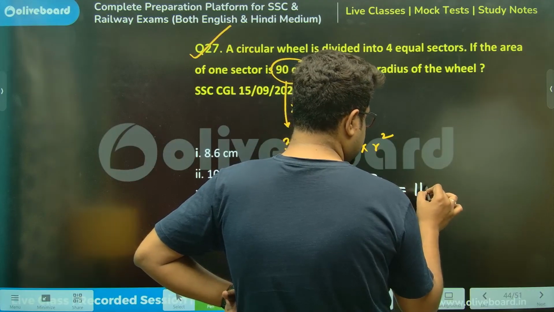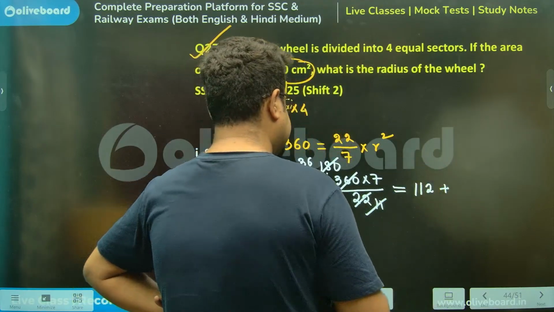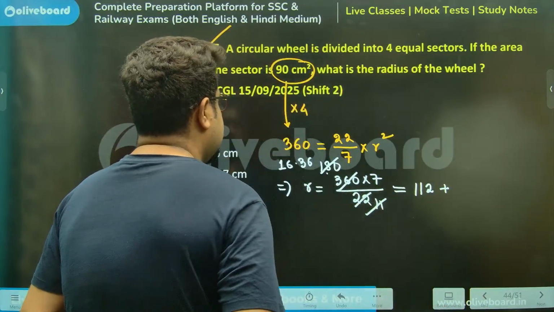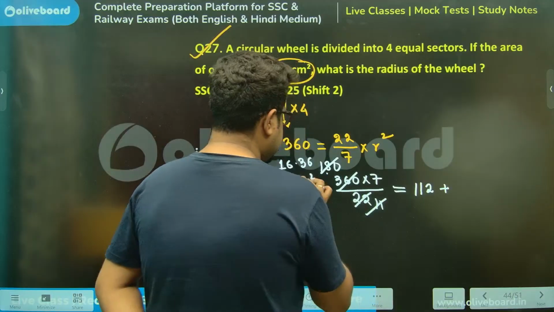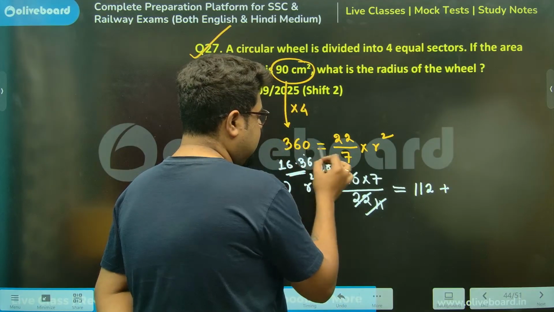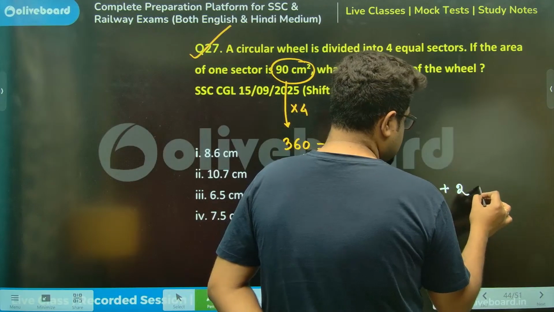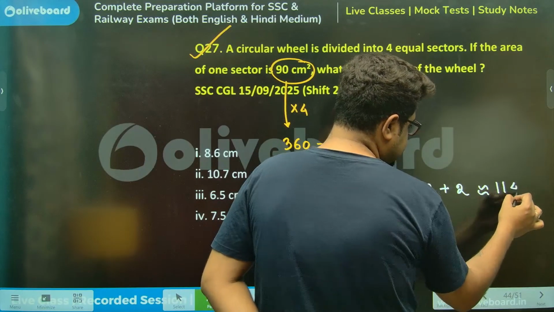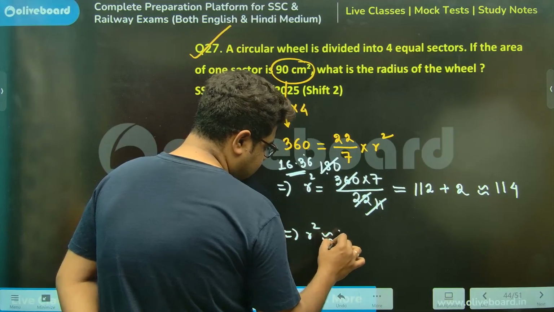Sir, 112 plus. Just a second, sorry, this is r square value. Plus this is 0.36 into 7. 3 sevens are 21, plus around 2. So this will be around 114. So r square is around 114.